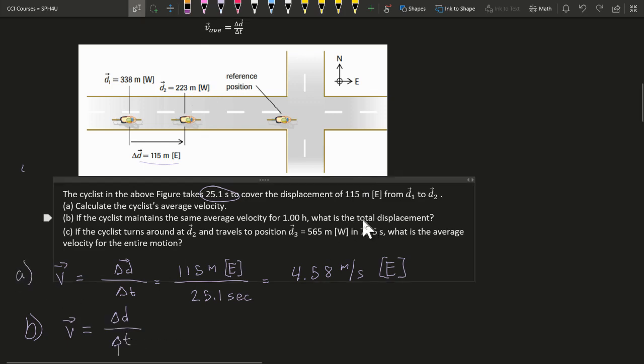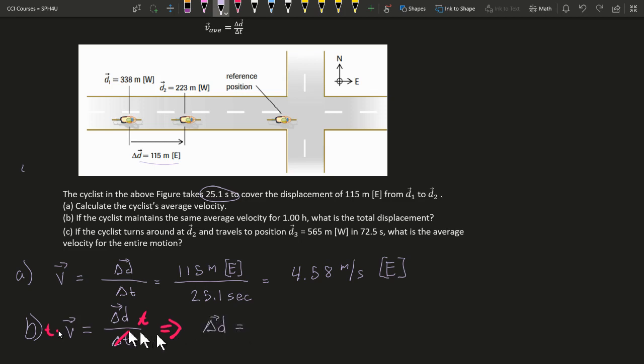What they want to know is the total displacement, which is this variable right here. So I'm going to solve for it. I'll just multiply by time on both sides of the equation. If I multiply by time here and here, my delta t and my delta t cancel. And so I'm left with change in position, which I forgot the vector symbol for, so let me put that on there.